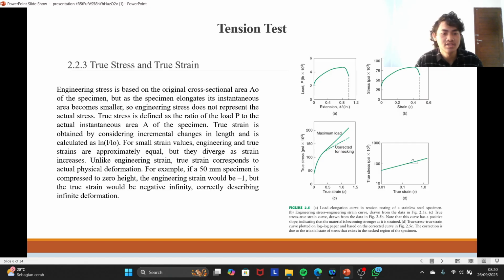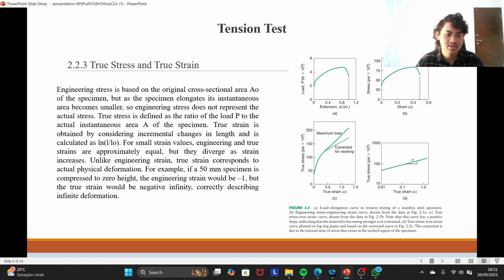Engineering stress is based on the original cross-sectional area A0 of the specimen, but as the specimen elongates, its instantaneous area becomes smaller. So engineering stress does not represent the actual stress. True stress is defined as the ratio of the load P to the actual instantaneous area A of the specimen.